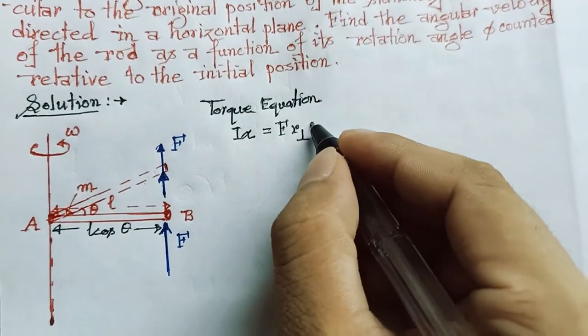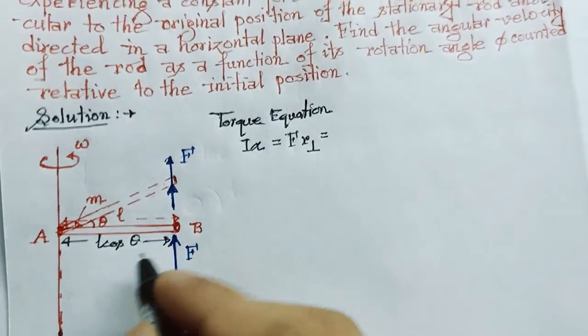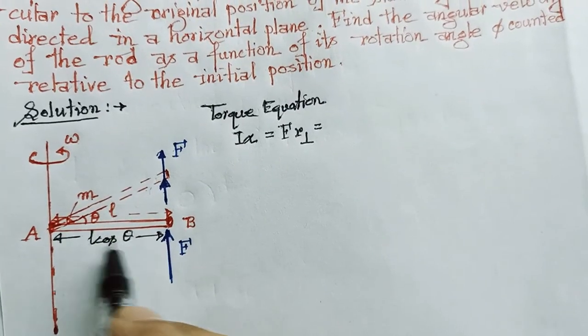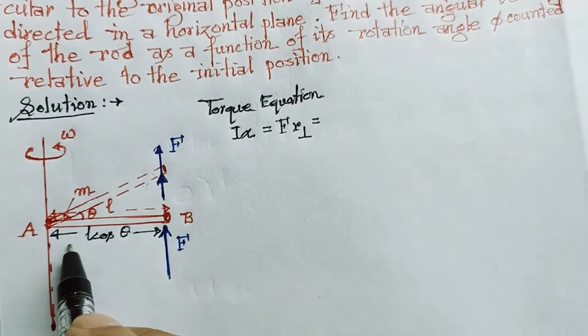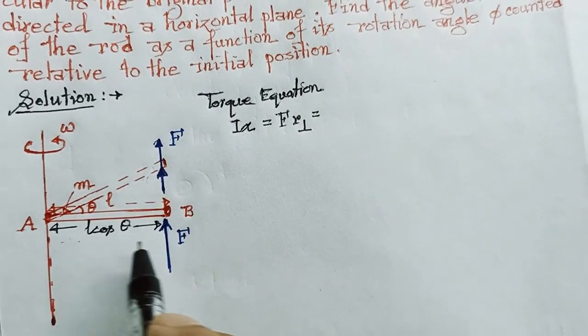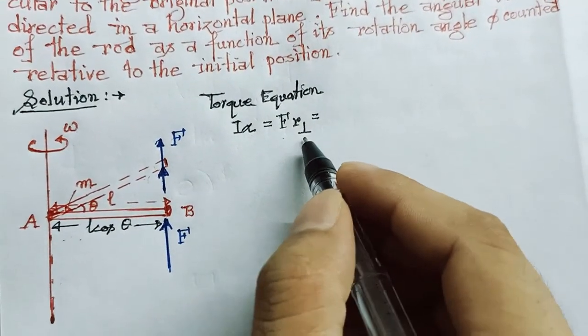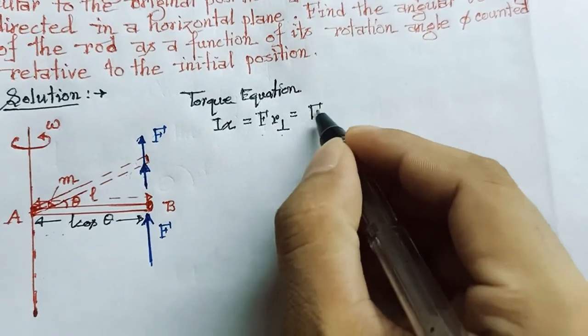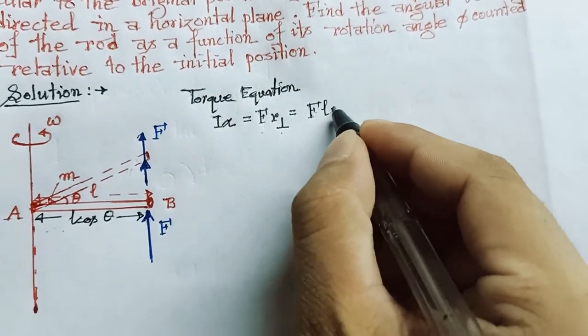Now this R perpendicular is nothing but the perpendicular distance from the force F. The perpendicular distance is L cos theta. So instead of R perpendicular, we can write L cos theta, so this equals F L cos theta.